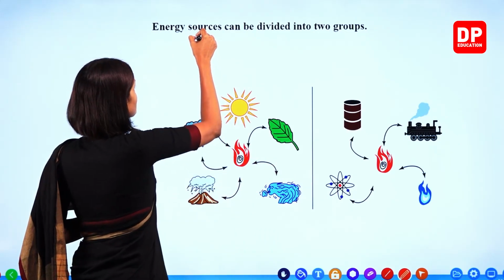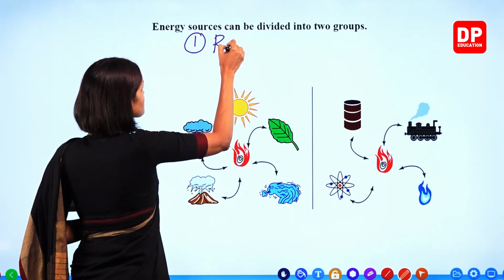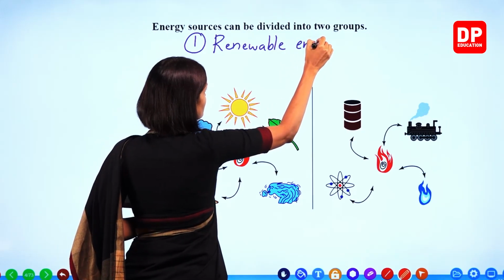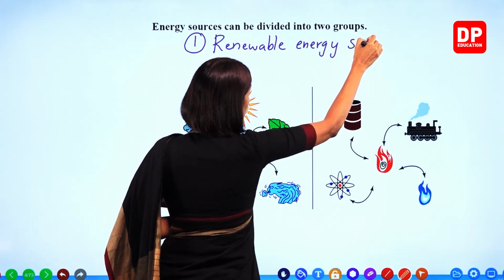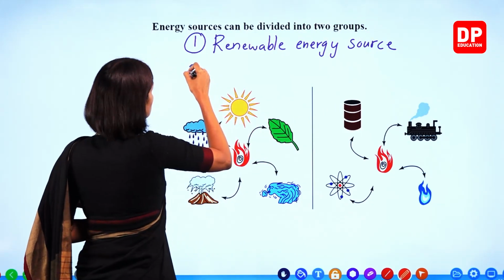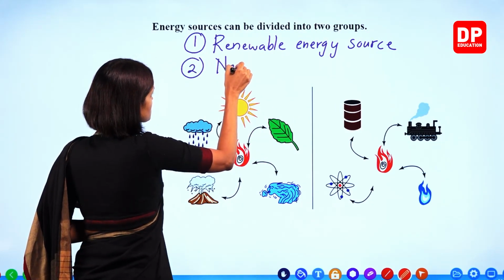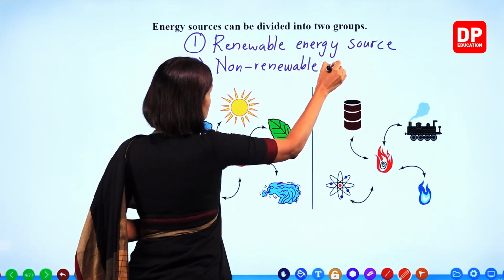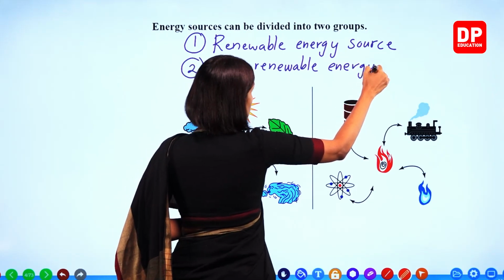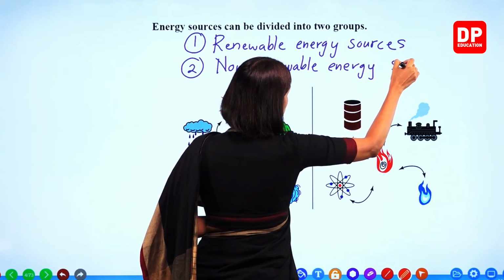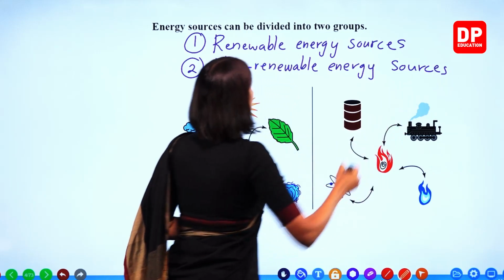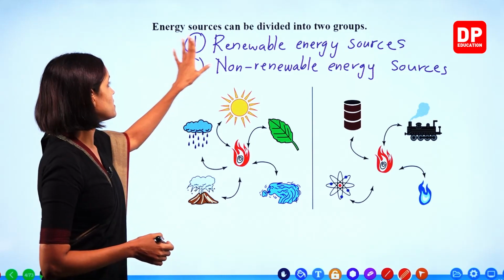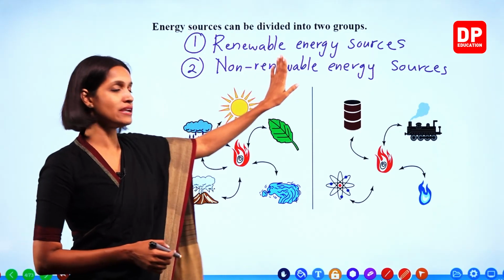We will write number one, renewable energy sources, and number two, non-renewable energy sources. Right? Energy sources can be divided into two groups, renewable energy sources and non-renewable energy sources.